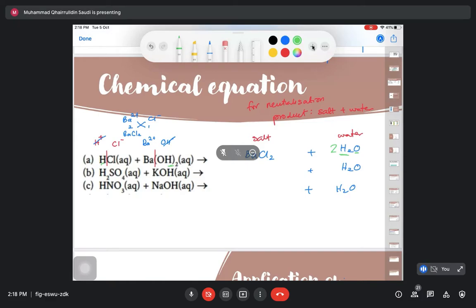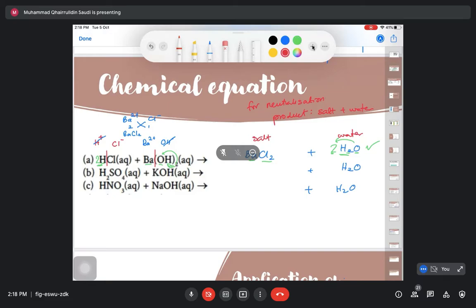We add another 1 hydrogen here. So 2 chloride, 2 chloride, 1 barium, 1 barium, 2 oxygen, 2 oxygen, 2 hydrogen plus 2 hydrogen is 4. So this is a balanced chemical equation.